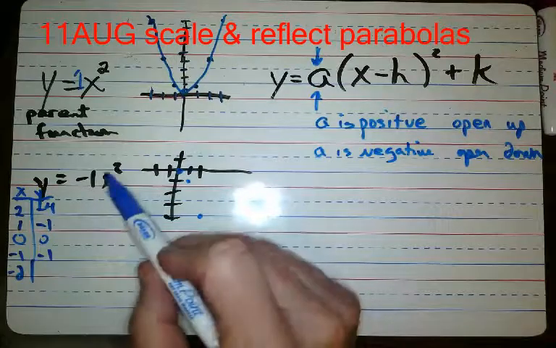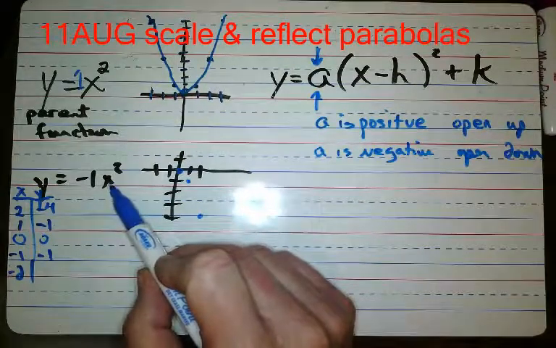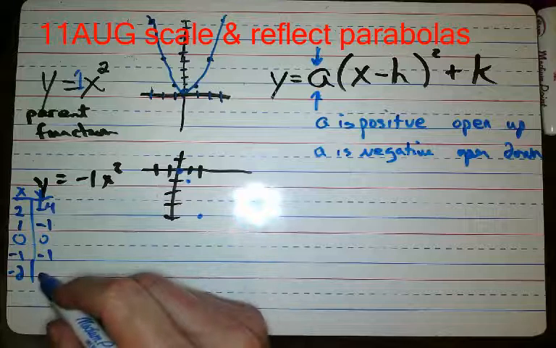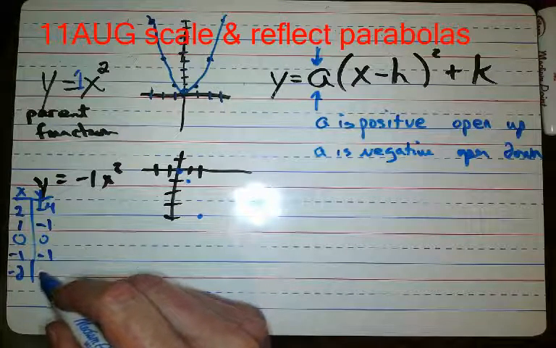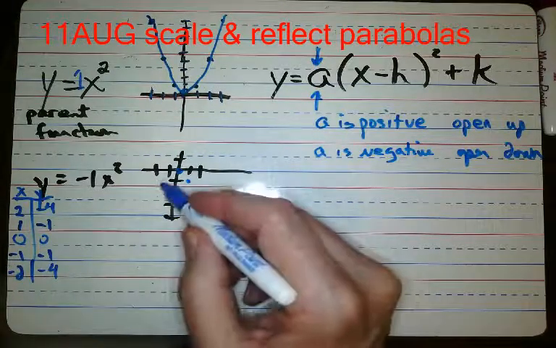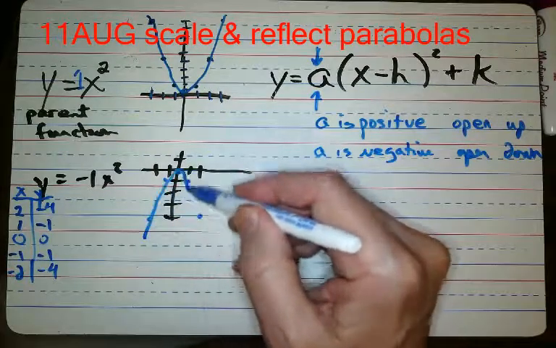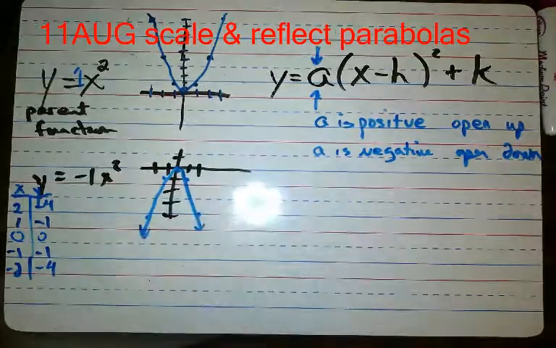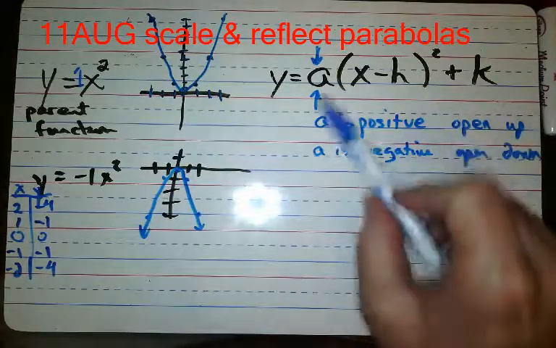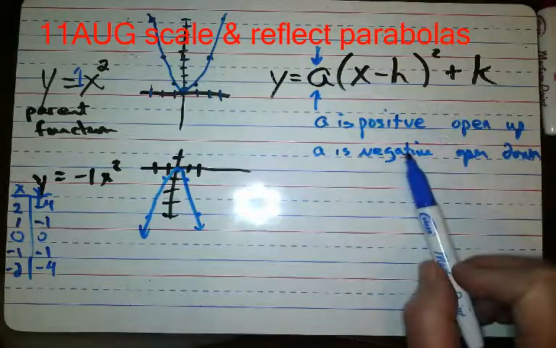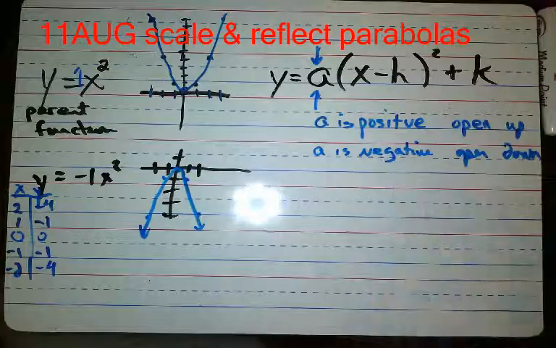Negative 2 squared, negative times negative, is positive 4, times negative 1 is negative 4. So I've got my values over here, and my graph just looks like that. If the number is positive, it goes up. If it's negative, it goes down.